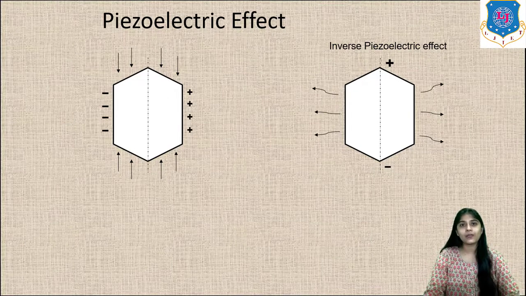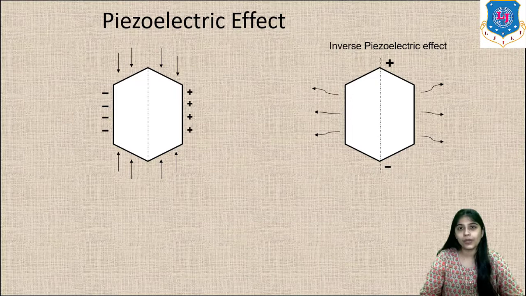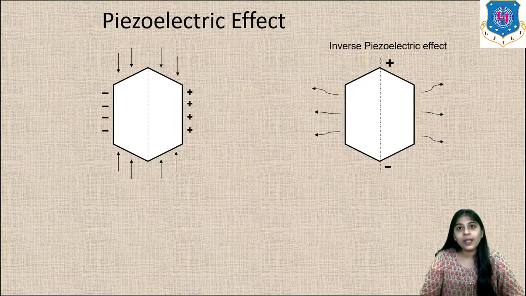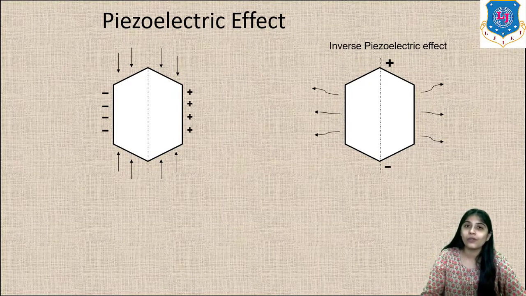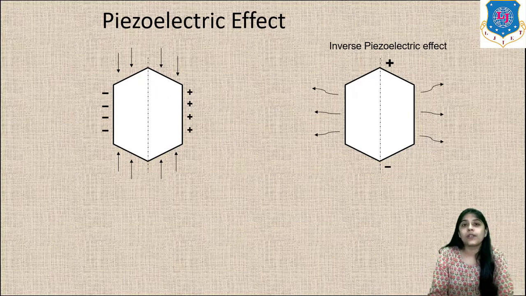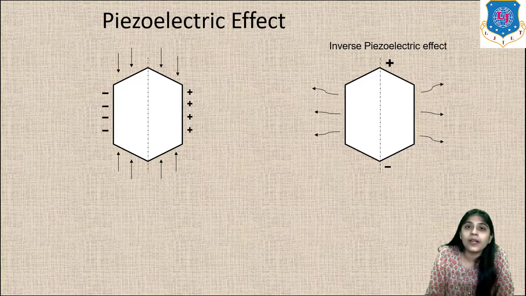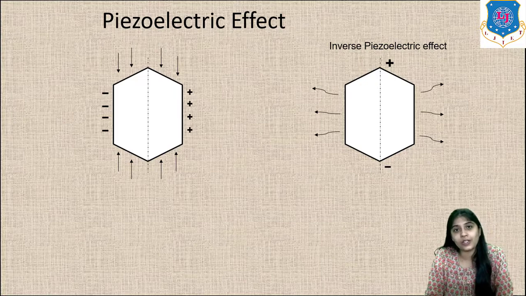In the piezoelectric effect, when pressure is applied on one of the faces of the hexagonal crystal, equal and opposite charges get accumulated on the other faces, while here we are applying a potential difference or alternating voltage on one of the faces, so corresponding contractions and expansions occur on the other faces.